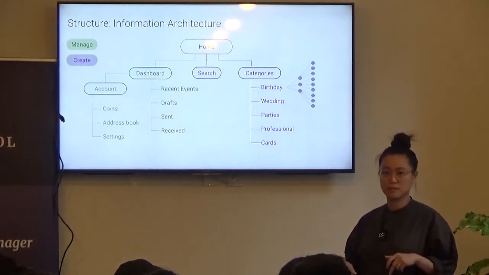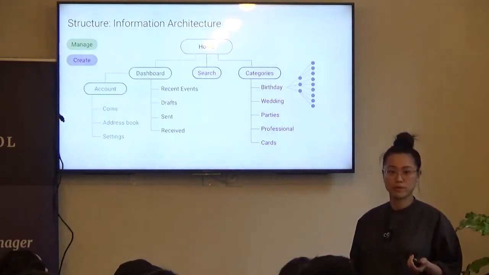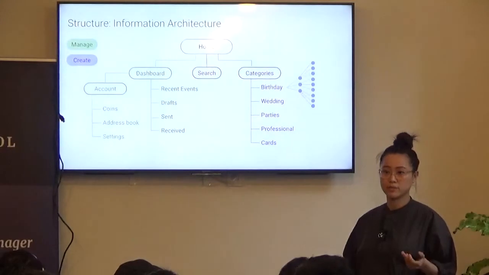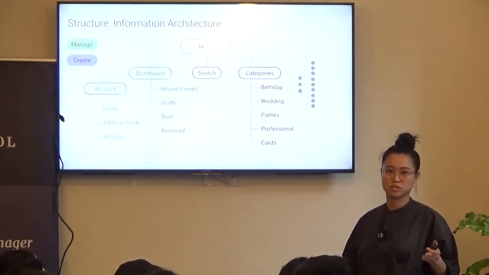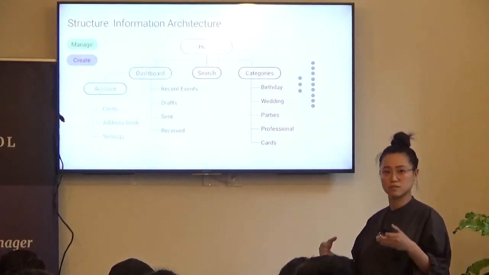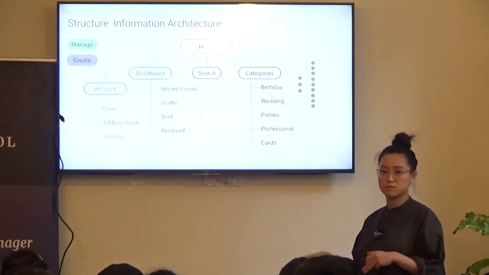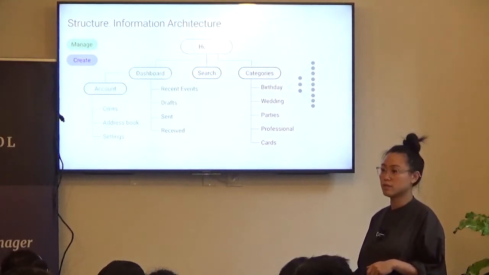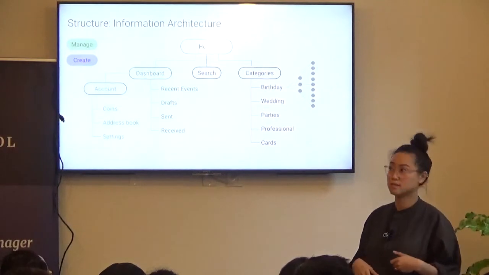once the user comes in through the homepage, what are they thinking to do? We split the page into two sections. One is they're coming here because they're returning and they need to manage an event, or they're coming here to create an event.